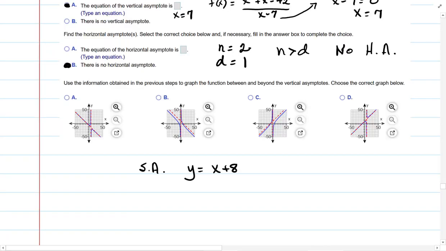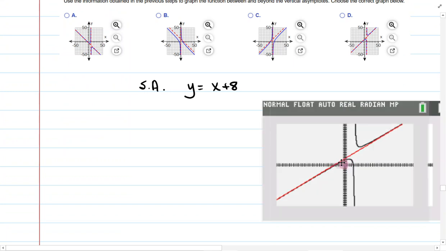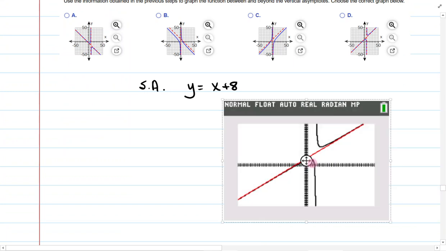So we had a vertical asymptote right along there.